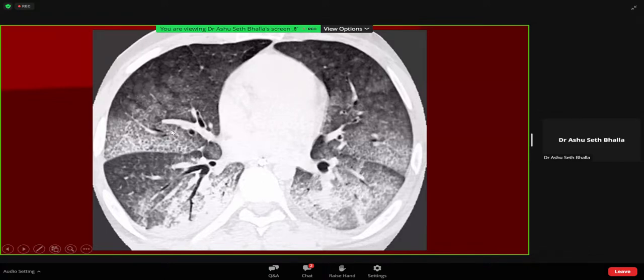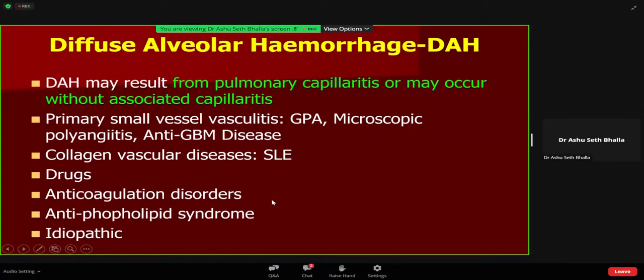And another part of the lung adjoining the fissure is giving a crazy paving appearance. A slight apicobasal gradient you can see, not as overt as you would get in an ARDS. So this is like different ages of the DAH you can see in the same image, and eventually it will lead to some interstitial fibrosis.